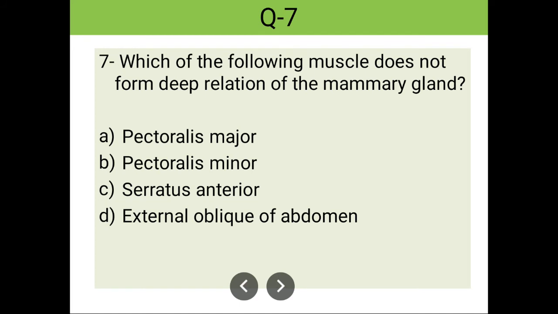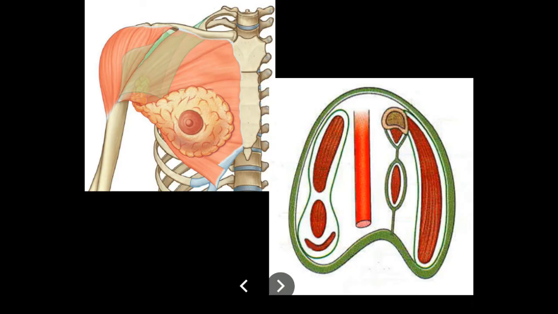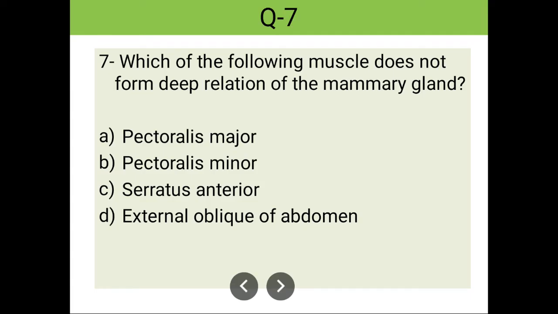Next we got here question number 7. Which of the following muscles does not form a deep relation of the mammary gland? The mammary gland is in the superficial fascia, and if we look from the lateral view, we can see here the pectoralis major muscle. Under that, under the clavicle, we can see the subclavius muscle and the pectoralis minor. So let's see which one is taken.